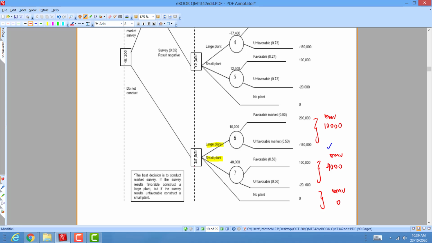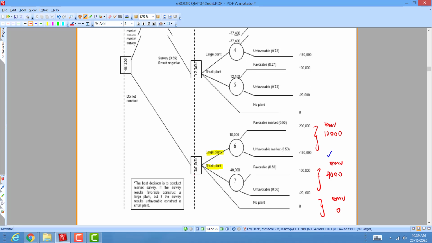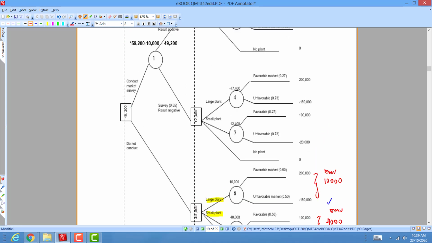Now the manager has the decision on conducting a market survey. It is one of the decisions or alternatives, that's why we use a square node. Do not conduct, this one is the original. Conducting, we have another branch line.